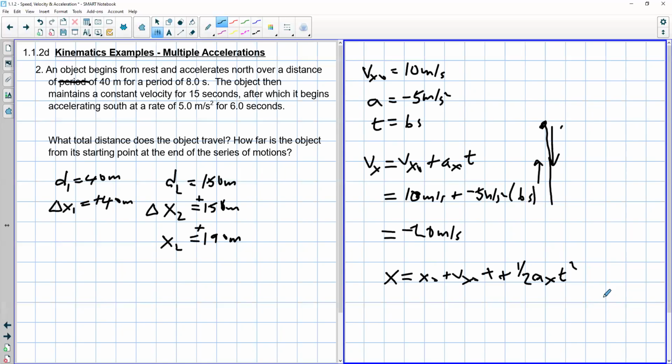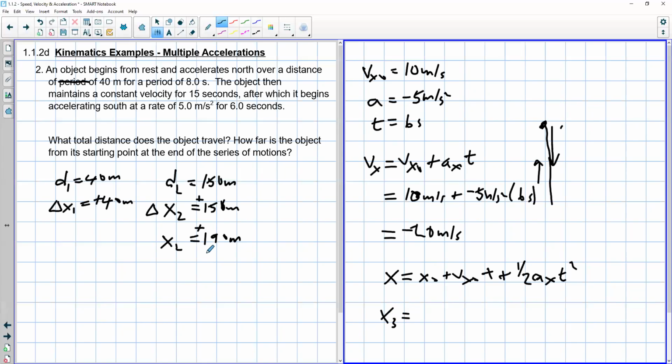It just gives you the change in position, right? So if I want to know the position at the end of the motion, x3, I can put in the initial position is 0, right? And then this will just give you the change in position for this third motion.